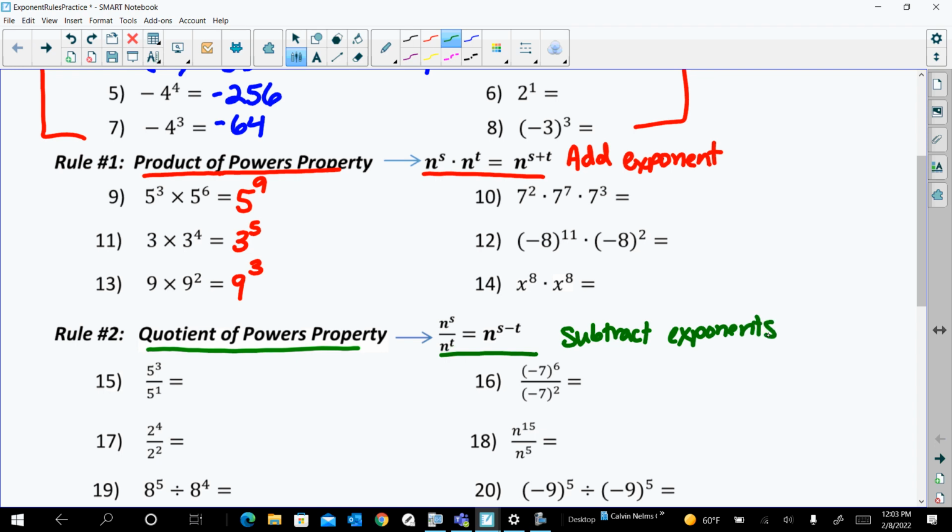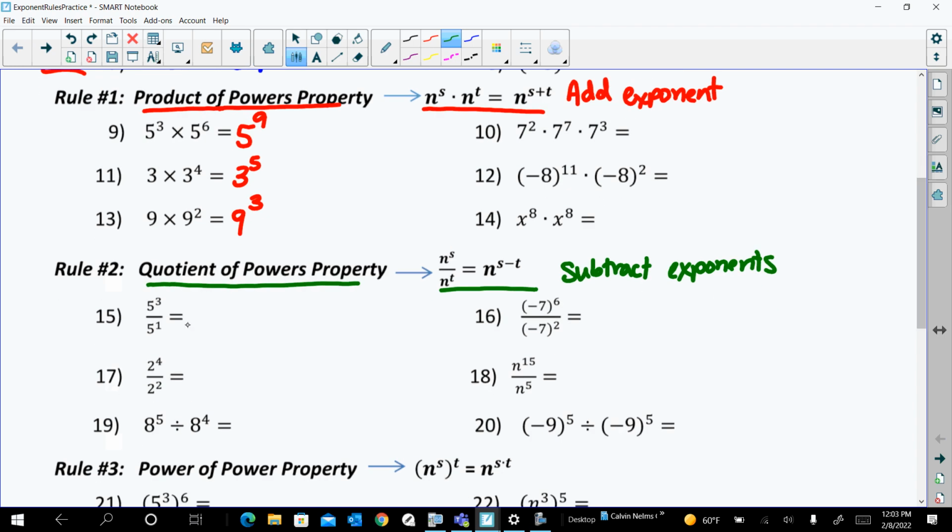And you give your simplified answer. So if I have 5 to the 3rd power divided by 5 to the 1, this becomes 5 to the 2nd power. Here our base is 2, our exponents are 4 and 2. 4 minus 2 is 2, so 2 to the 2nd power. We're just simplifying using that rule.